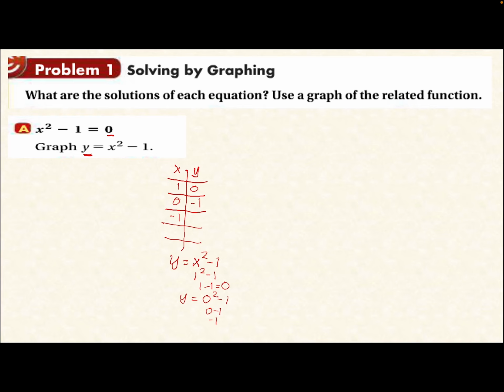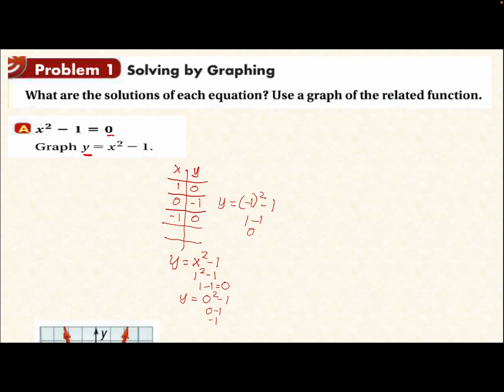What is the value of y if x is equal to negative 1? So negative 1 squared minus 1. Negative 1 times negative 1 is 1, minus 1, so you have 0. So the value of y is 0 when x is equal to negative 1.